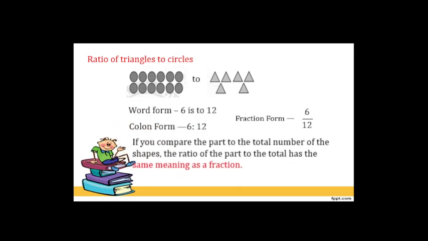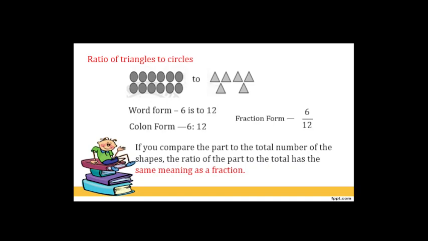Now, if you compare a part to the whole number of shapes, the ratio of the part to the total has the same meaning as a fraction. So, compare the total number of shapes to the number of triangles. Again, how many shapes do we have all in all?